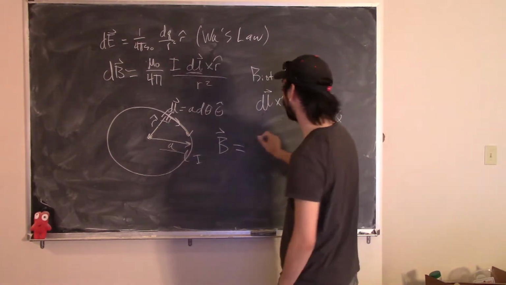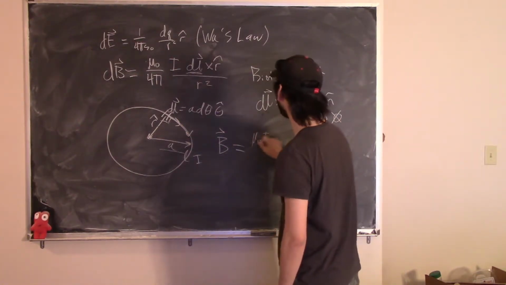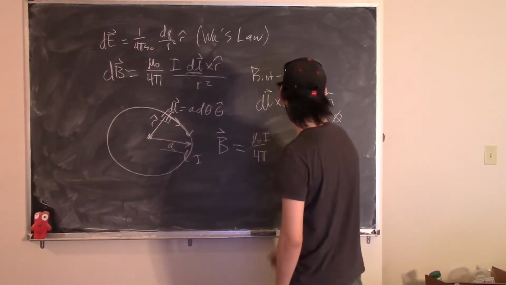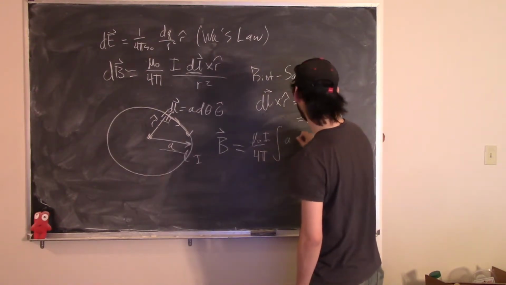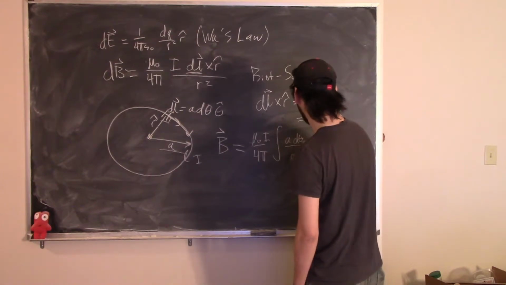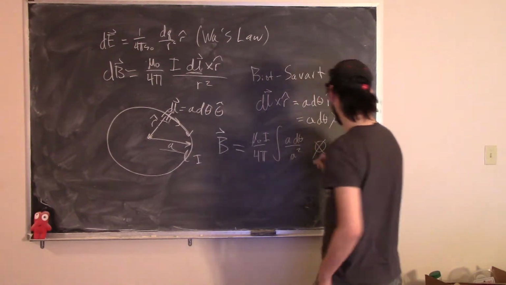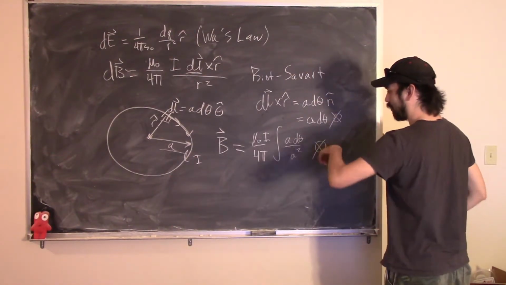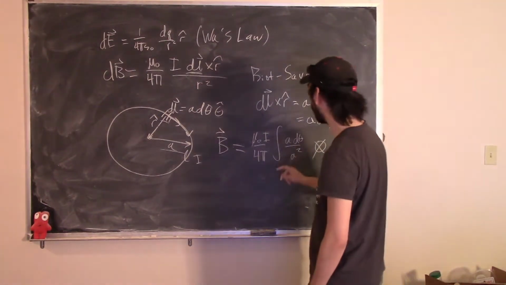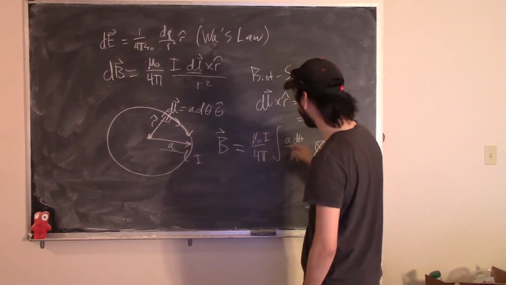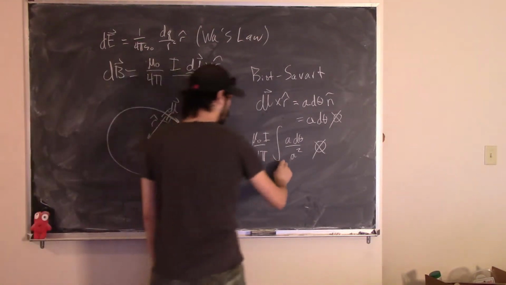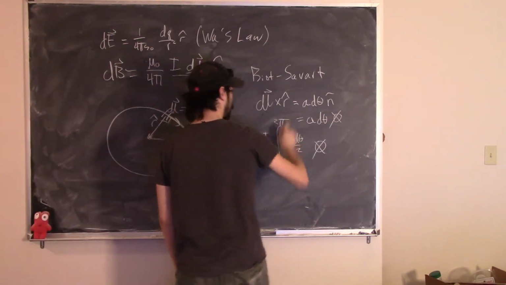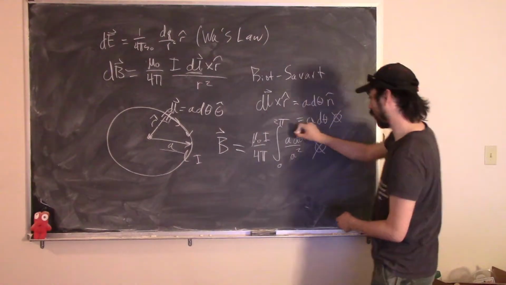This says B is mu naught I divided by 4 pi times the integral of a d theta divided by a squared times a vector that's pointing into the page. And this integral for theta starts at 0 and goes all the way around the circle, so from 0 to 2 pi. This is a pretty nice integral to evaluate.